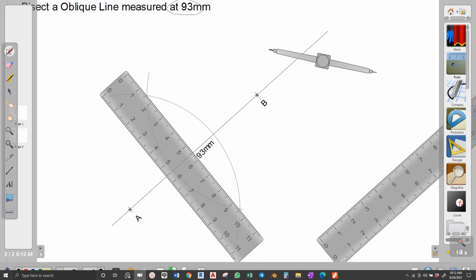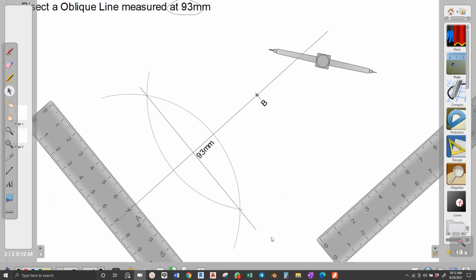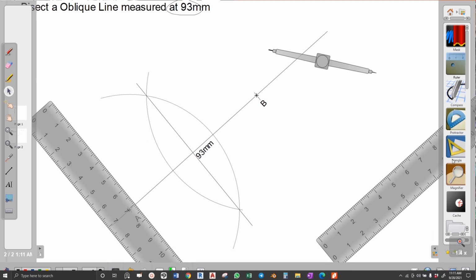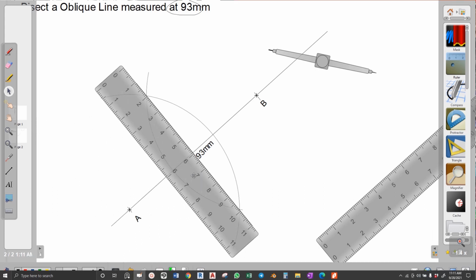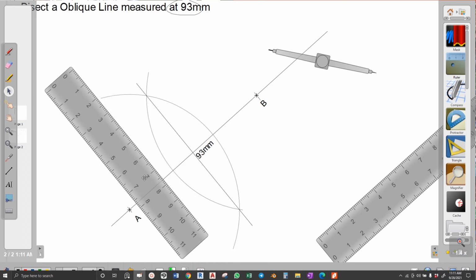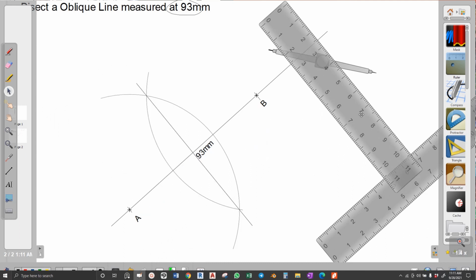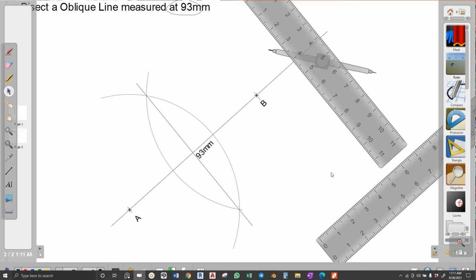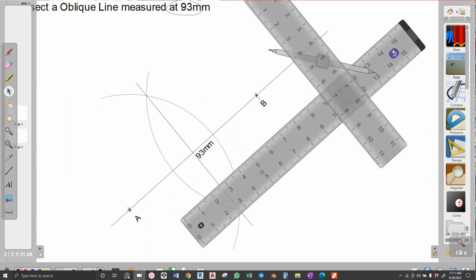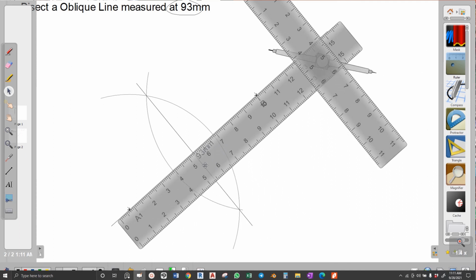This line that we're drawing is going to divide. So the line that I've just drawn here, that divides the line in half, that is our bisector. So now that we have successfully bisected our oblique line, all that's left for us to do is to draw our original line in an object line, and that completes our drawing.